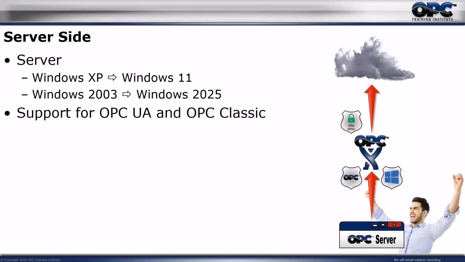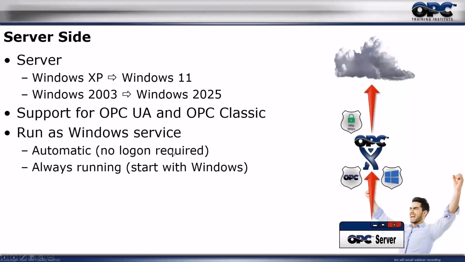So there's support for OPC UA and for OPC Classic. And of course, as soon as you see OPC Classic, really what that means is Windows. It runs as a Windows service, which means that it's always running. It starts with Windows and it's done automatically. Nobody actually needs to log on. As soon as your computer starts, this application starts because it is a service.